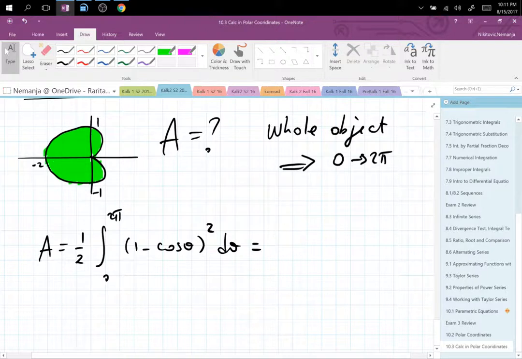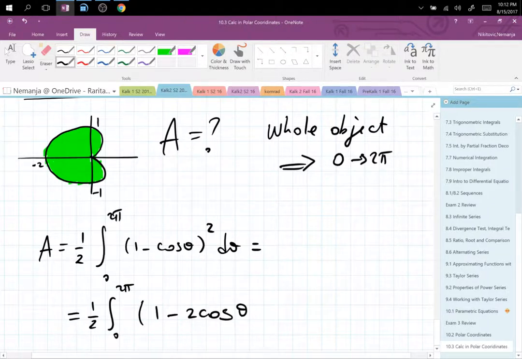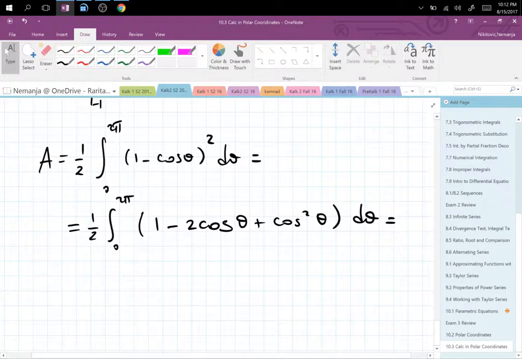Hello, half-angle formulas and everything else we learned, right? We have 1/2 integral 0 to 2 pi, 1 minus 2 cosine theta plus cosine squared theta d theta. When you expand everything, don't forget the middle term as you are squaring this out.